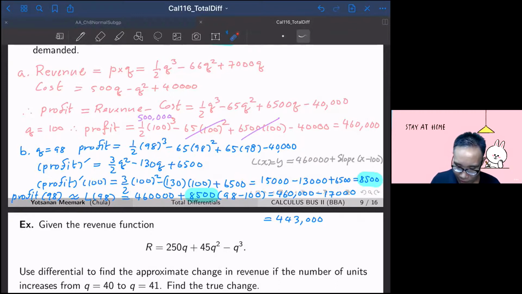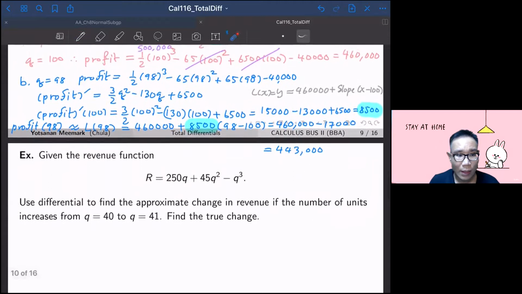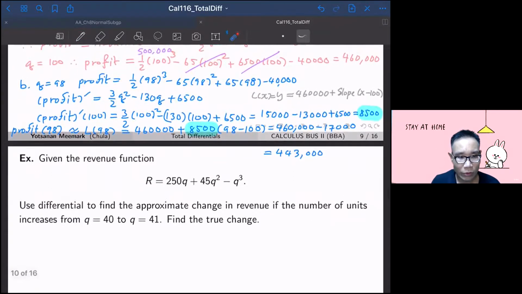Okay, let's do one more. You have the revenue function R equal to 250Q plus 45Q squared minus Q to the third, and you'd like to use differential to find the approximate change in revenue if the number of units increases from Q equal to 40 to Q equal to 41.